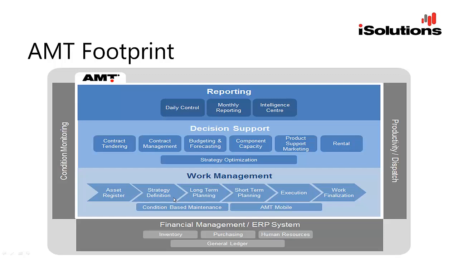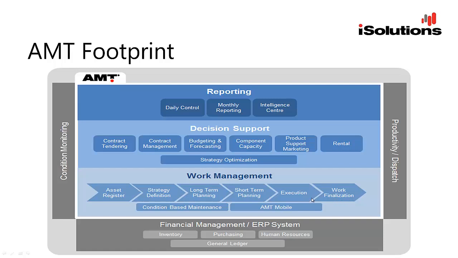So for us that is maintenance plans, standard jobs, job instructions, feeding through into long-term planning, short-term planning and scheduling of work, performing work, capturing downtime, and work finalization, which is all your job feedback information, closing work orders. AMT covers that full end-to-end work management process.